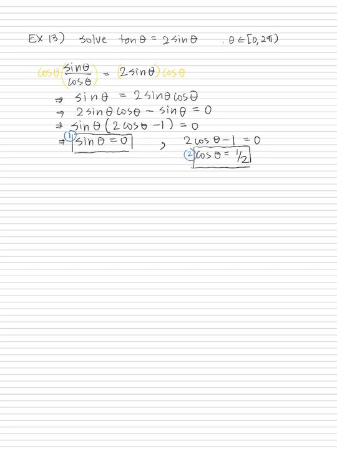Okay, so let's go with the side work for circle 1. So what do we got? Sine of theta equals 0. In this case, theta must be 0 and pi only. You can take a look at the graph if you want to, or you could just memorize the chart or do the unit circle business.